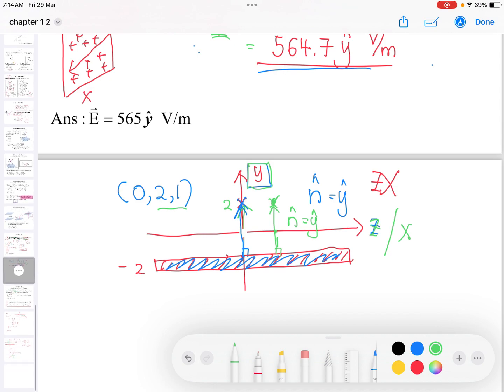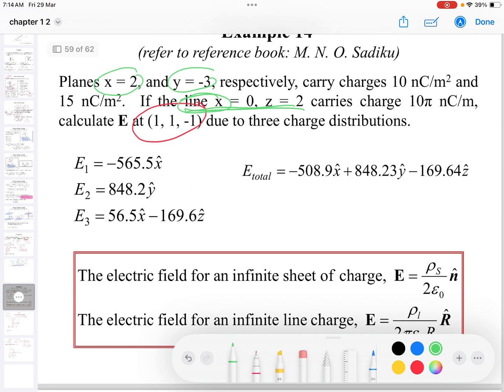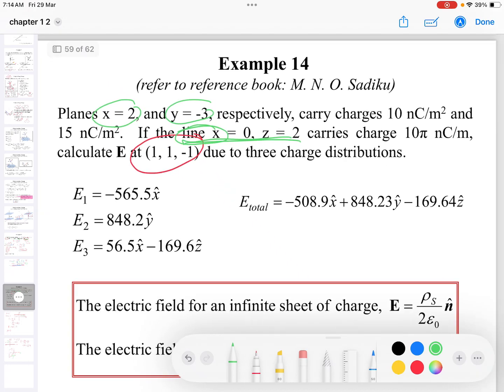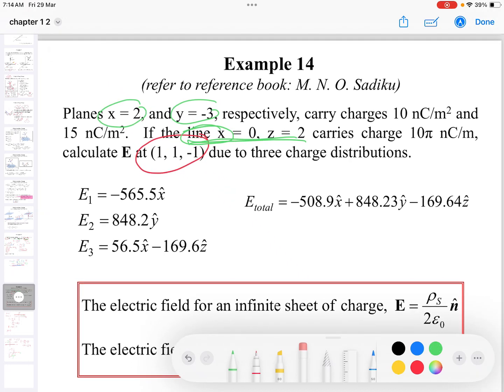Right, let's move on to this question. So you have plane x equals 2, and plane y equals -3. So this is the position of your plane. They carry charges of 10 nanocoulomb per meter square and 15 nanocoulomb per meter square, and they are the surface charge density.